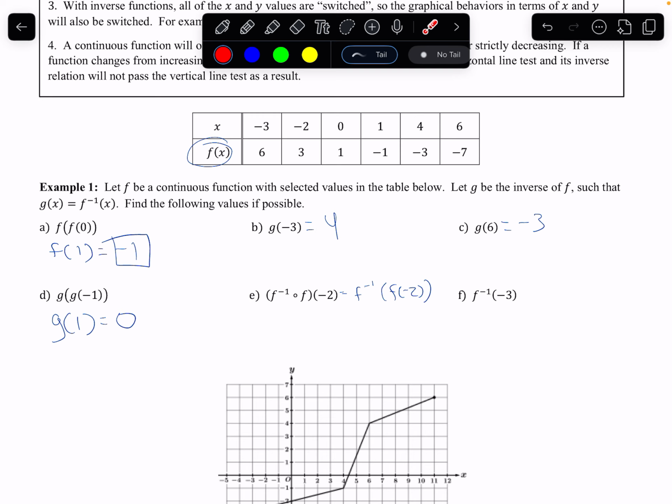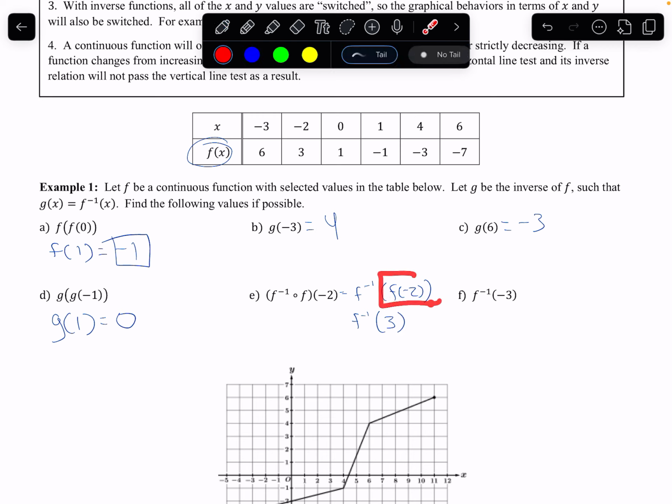So the first thing I've got to figure out is what is f of negative 2? Well, this is f. So I can pull the value straight out. If I put a negative 2 into the f, I get a 3 out. So f of negative 2 is 3. So I actually need to find the inverse of f evaluated at 3.